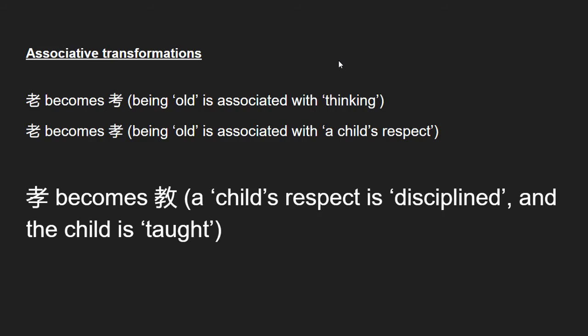Mm-hmm. And then when you take that filial piety and its discipline, that child is essentially taught. So again, it's interesting. The old is looking down, looking after the child. The child looks up to the old person, and they're being disciplined, and the child is taught.